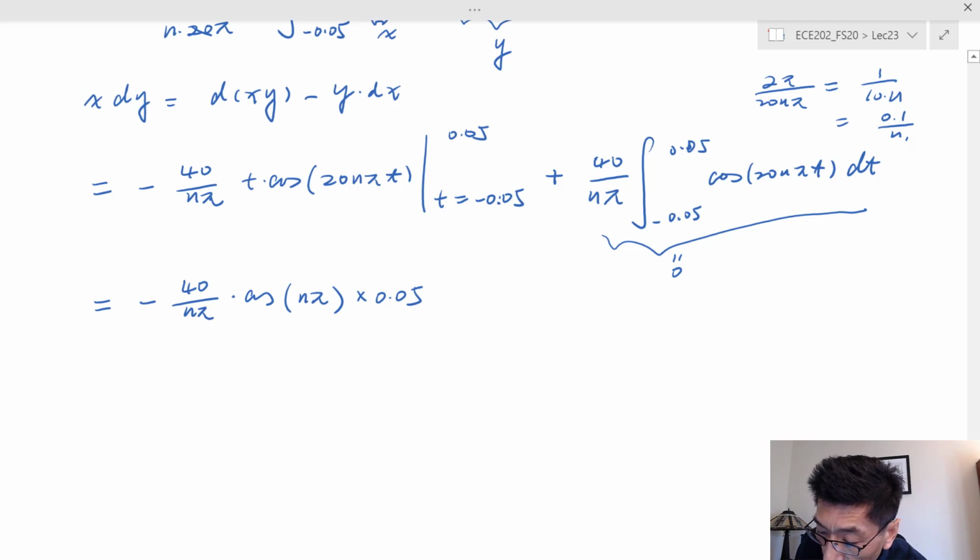So minus the other half, and we do plus 40 over n pi, and we have cosine negative n pi. That's equal to cosine n pi, right? So we have times t. T is negative 0.05.